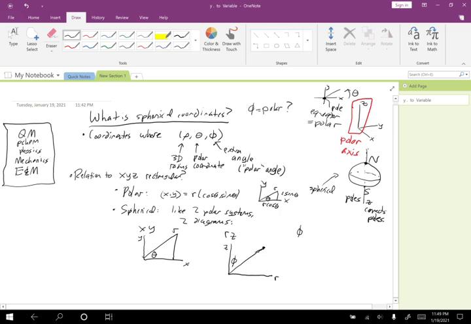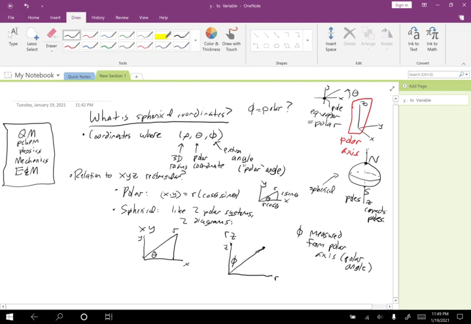So phi will be measured from the polar axis. That's why we do that. And remember, that's why we're calling it the polar angle. If we measured from the equator, that would actually be called the elevation angle, but you don't need to know that. We're just going to stick with the polar angle measured from the z-axis.